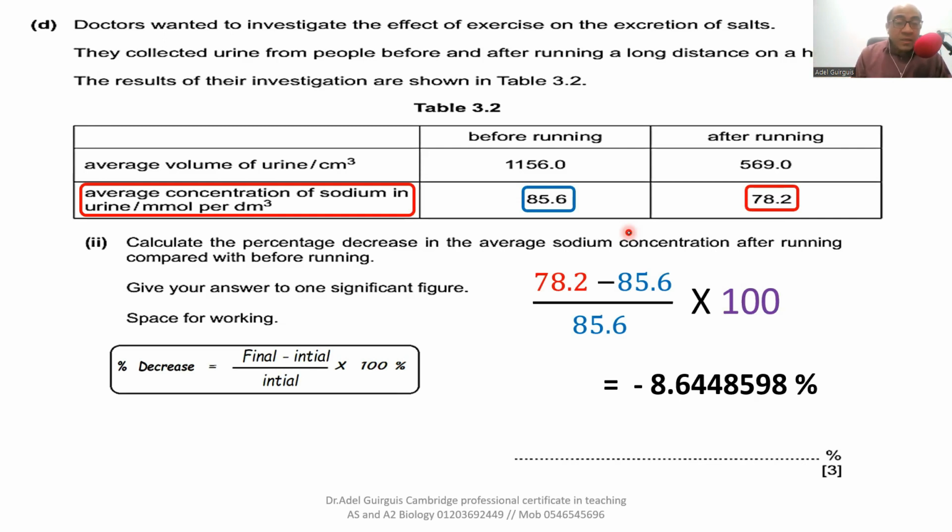But here, try to concentrate on your problem correctly, to avoid losing any mark in your exam. Give your answer to one significant figure. So we have to round to one significant figure, which means minus 9%, or a 9% decrease, okay?